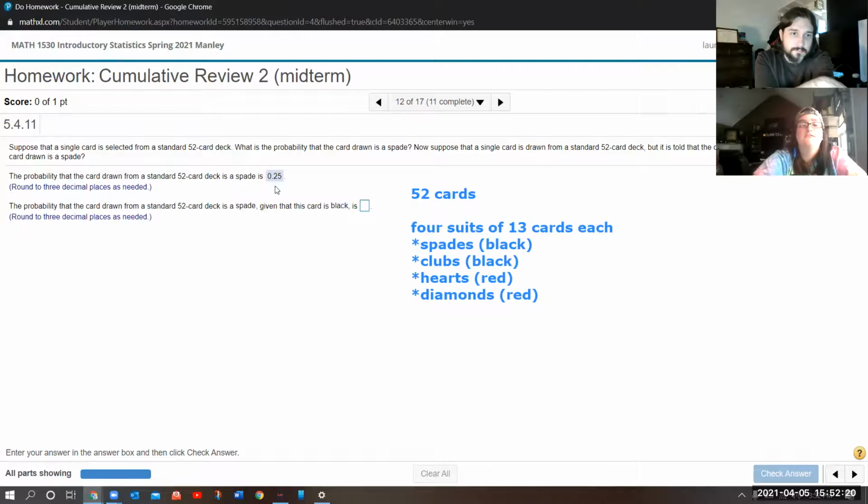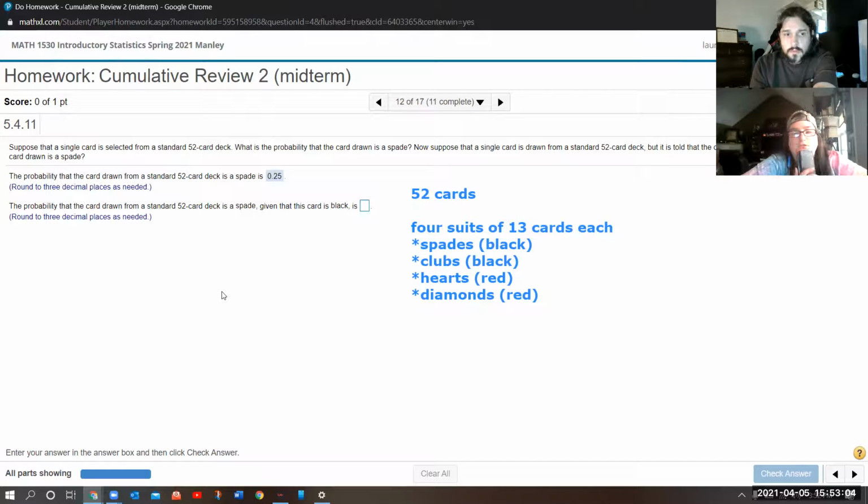Yeah, 0.25. Good. The probability that a card drawn from a standard 52 deck is a spade, given the card is black, is there's 4 cards that are black and 4 cards that are, no, the spades. So 4 suits. There's 13, so that'd be 13 over 52. No, wouldn't be 52. Would it be 12 over 51?